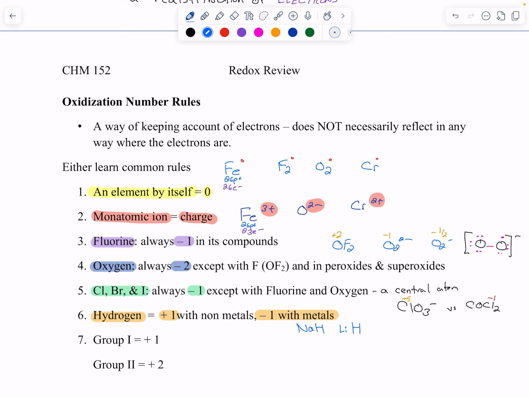All right, sodium hydride, lithium hydride, calcium hydride, right? That's what's going on there. And then finally, group 1 is +1 and group 2 is +2 in compounds. All right, always. We have not observed it otherwise. All right, it's at least stable.